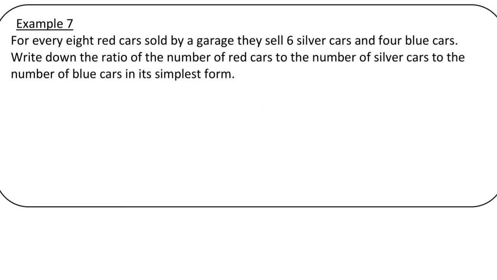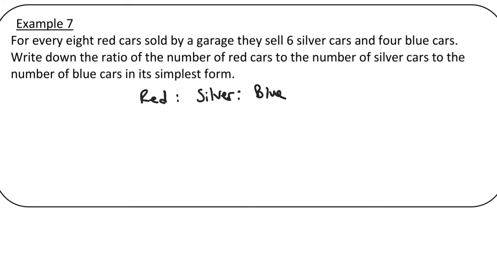Example 7, for every 8 red cars sold by a garage, they sell 6 silver cars and 4 blue cars. Write down the ratio of the number of red to silver to blue cars in its simplest form. So it's really important that we keep the order the same. So what it's saying is red to silver to blue.